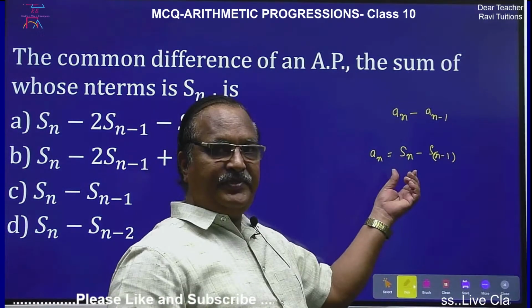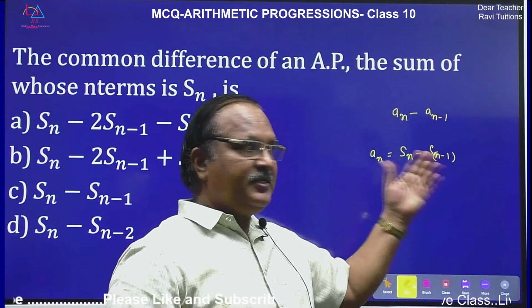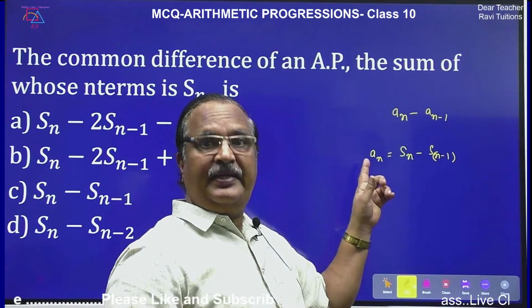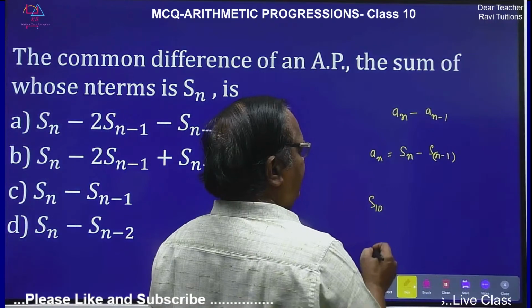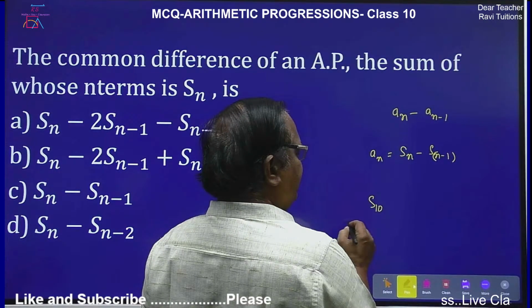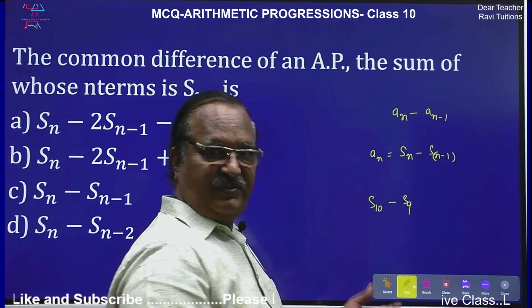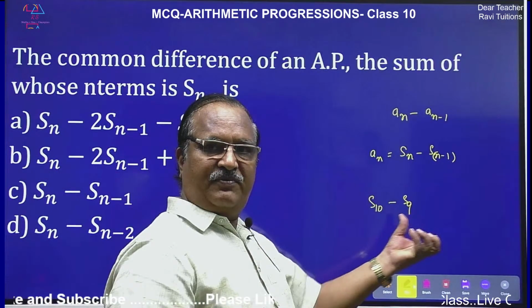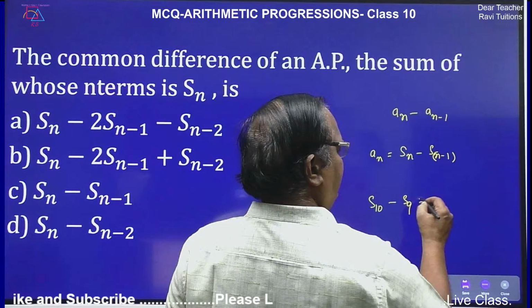Sum of n terms minus sum of n minus 1 terms gives the nth term. For example, sum of 10 terms means the first 10 terms. If you remove the sum of first 9 terms, you will get the 10th term. So this is the formula.